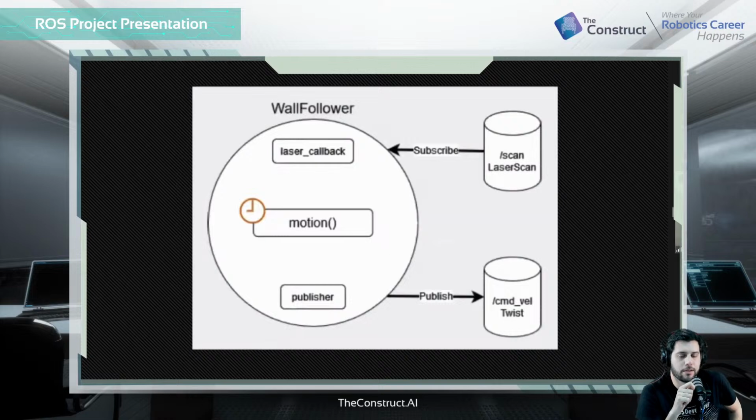After it follows that logic, the publisher uses it to publish on the cmd_vel topic, which is used to control the robot's movement. So basically, this is the summary of our wall following program. I'll go to the next slide.